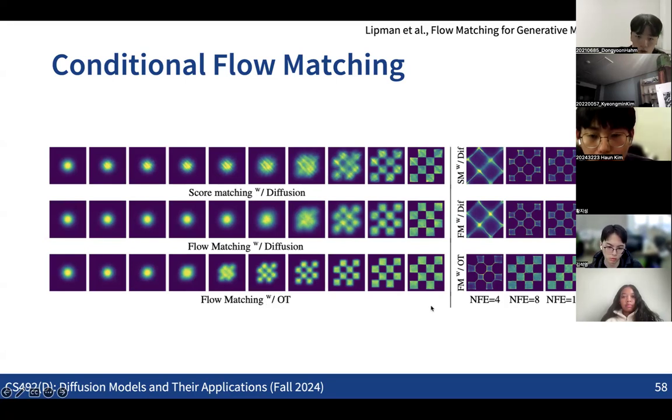This axis is the number of function evaluations, the number of steps in solving the ODE. You can see that even with only a few steps, we already get a distribution quite close to the given data distribution. This is the power of the flow matching model, which gives more accurate generation outputs with fewer steps.